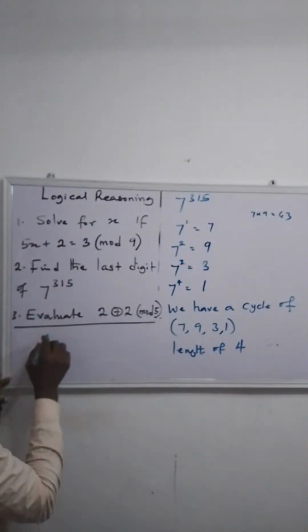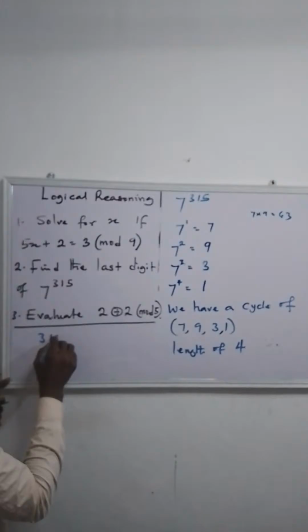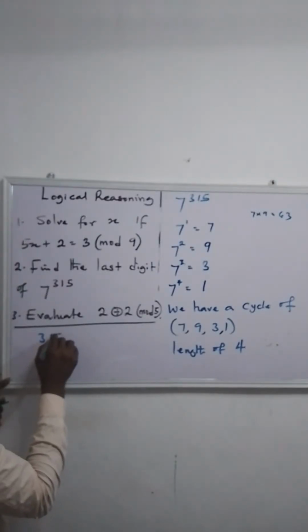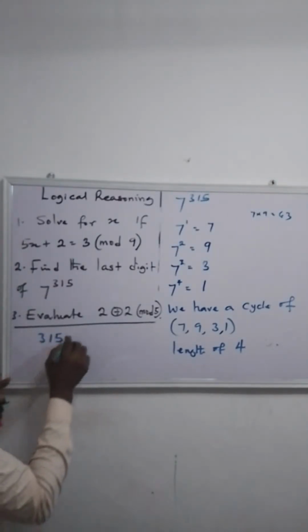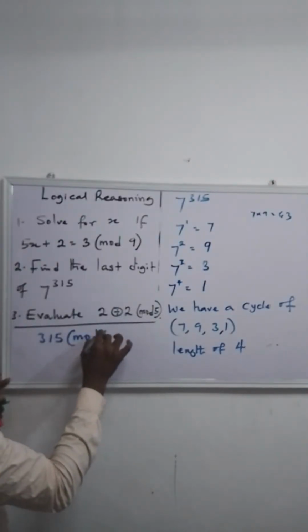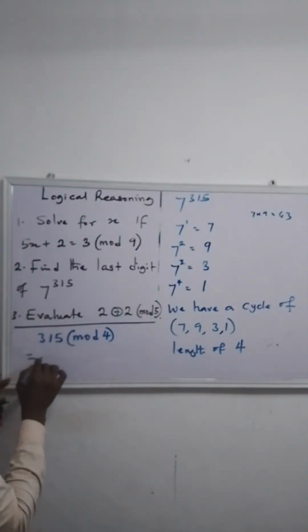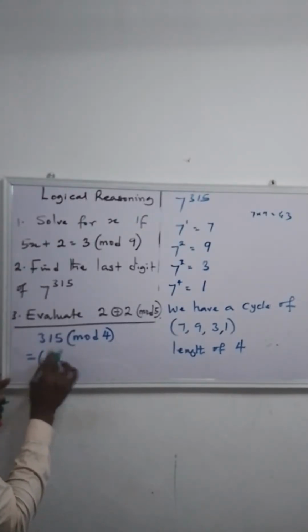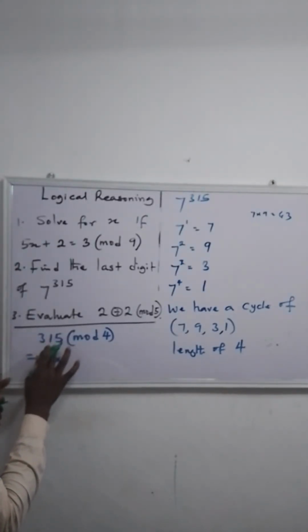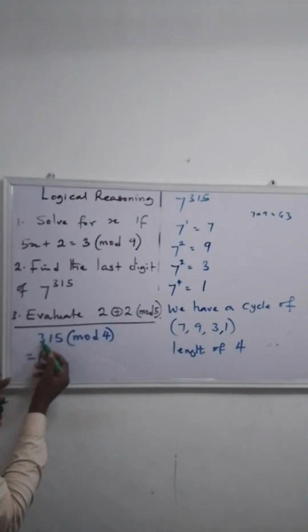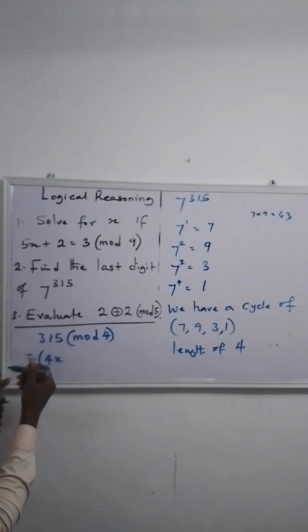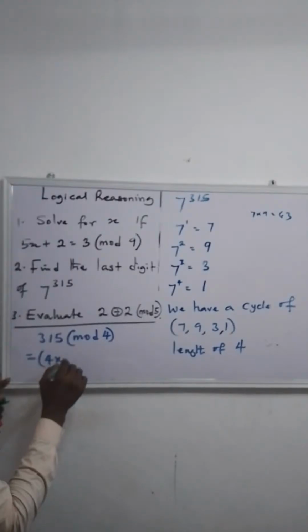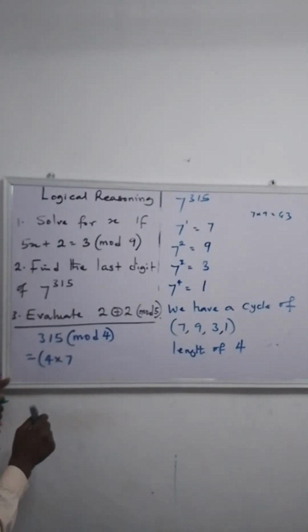So we have 315 in mode 4. We just divide this by 4. Okay, so now 4 goes in 31. That is what? That is 8. Okay, no, that's 7, because that's 28, right?